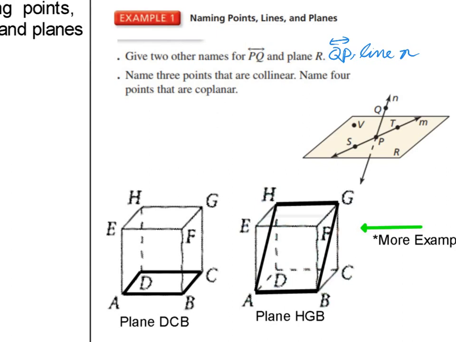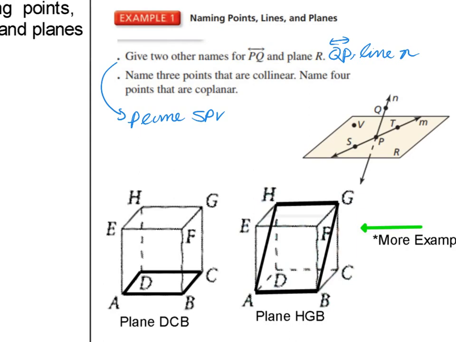SPV, right. S and P are on the same line, that's fine, but V is not. So that's okay to name it SPV. I couldn't name it SPT because those are all on the same line. So one way to name this plane is SPV.